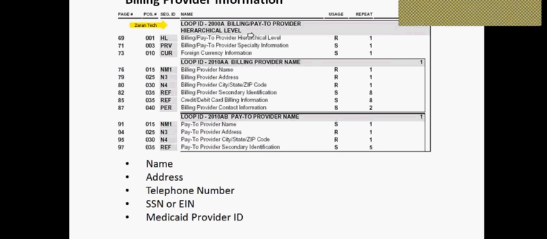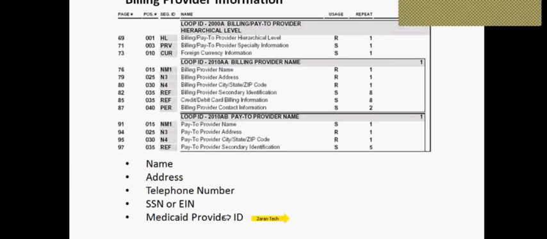One such billing provider has a billing provider name, his address, zip, a secondary identification number if there is one, his details, the billing details, to whom it has to be paid, the name, the address, etc. So basically, this consists of name, address, some identification number, employer identification number or SSN, and then the Medicaid provider number or a Medicare provider number. These are the ones generated by either the states or the CMS.